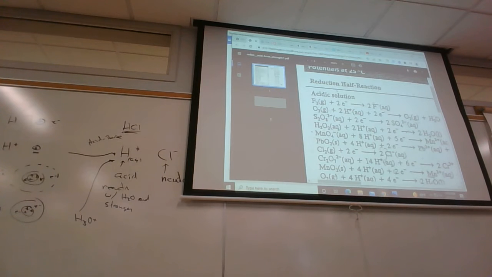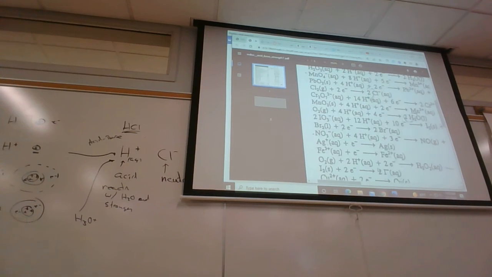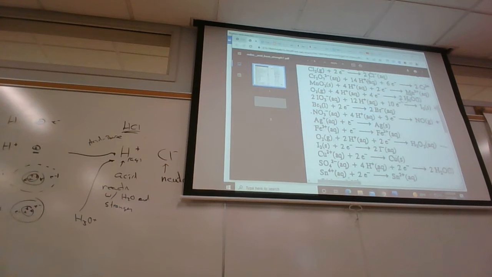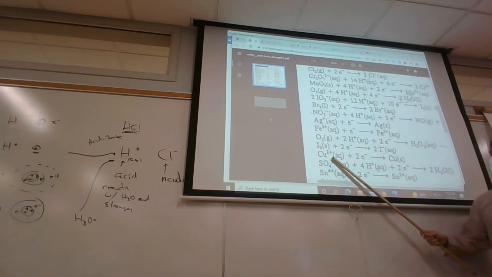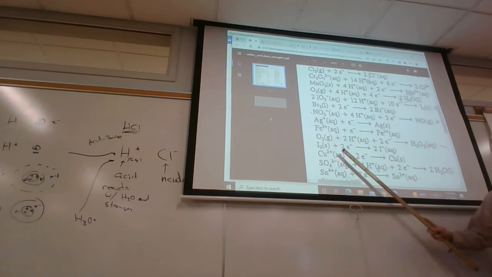But hydrochloric acid would not work at dissolving copper. Why? If I wanted to dissolve copper chemically, I'm not going to get copper metal, I'm going to get copper ion. And so it's going to be a chemical process.